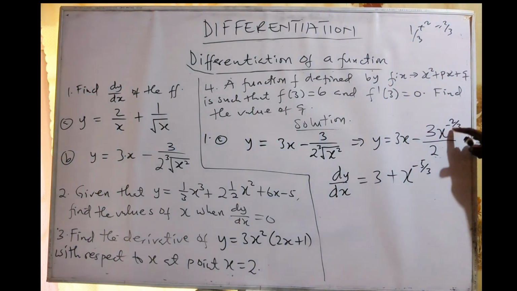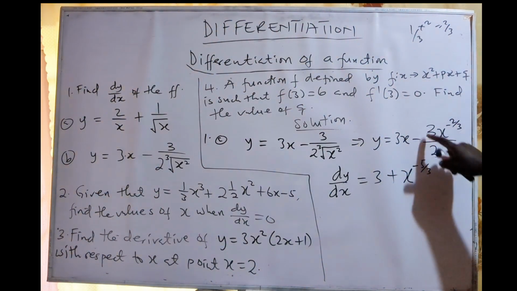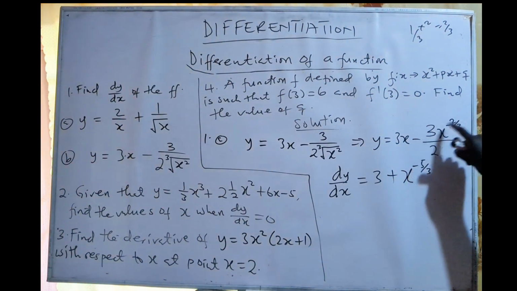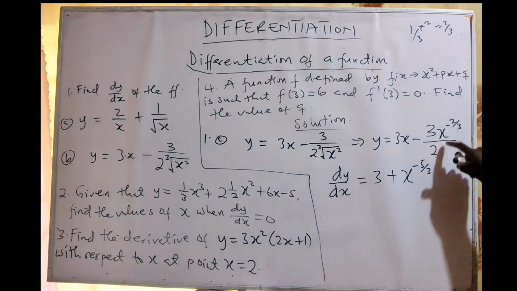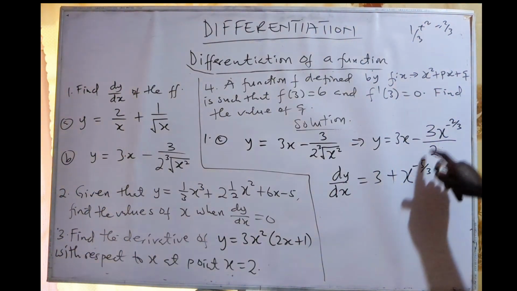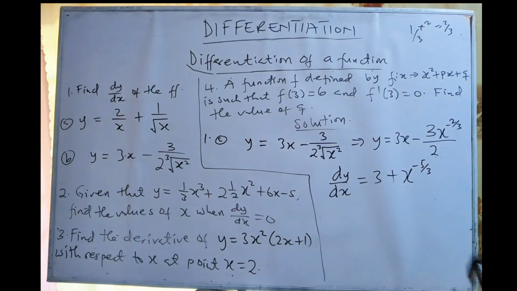So negative 2 on 3 times negative 3 on 2 will give us 1, positive, negative times negative. Then we have 1 times x is x, and we subtract 1 from the exponent, minus 5 on 3.